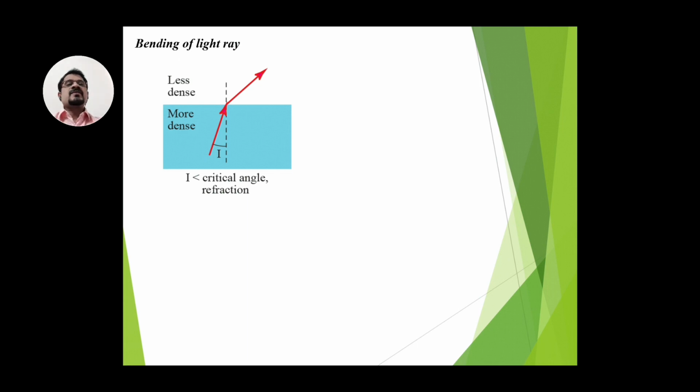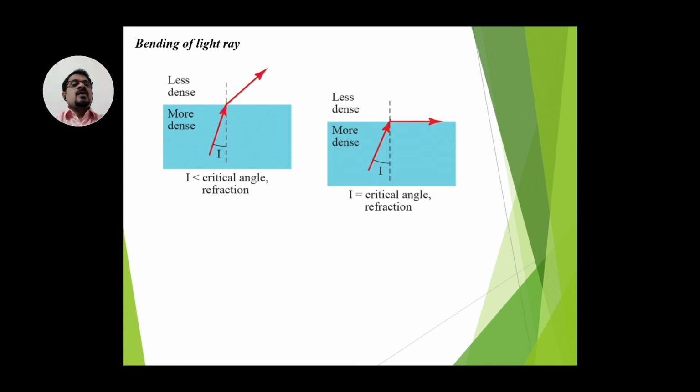When the signal travels from more dense to less dense medium and the incident angle is less than the critical angle, the signal is refracted, going away from the medium. Next, when the incident angle is equal to the critical angle, the signal is refracted parallel to the line, along a horizontal line.